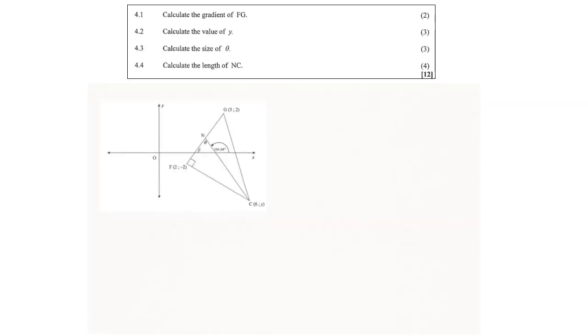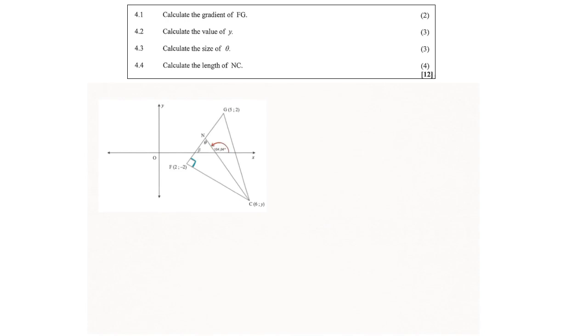Let's begin by indicating all the important given information on the sketch. They say that F, G and C are the vertices of triangle FGC. FG is perpendicular to FC, so we have a right angle at F. Then N is a point on FG such that the inclination of NC is 104,04 degrees.